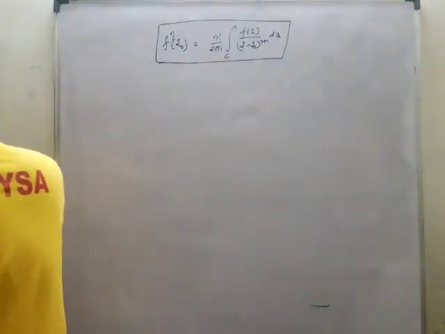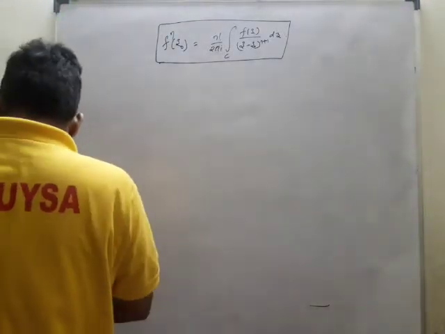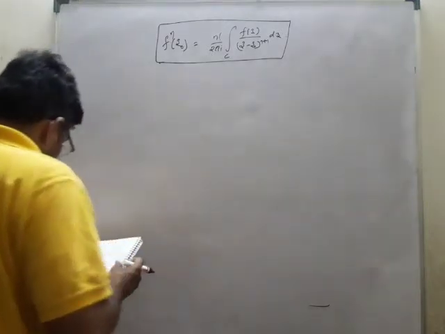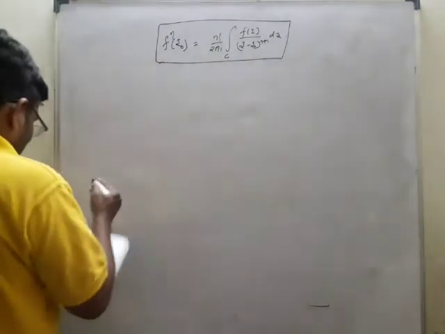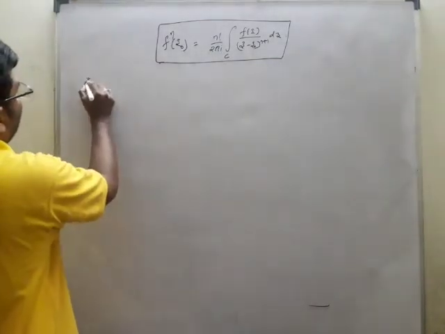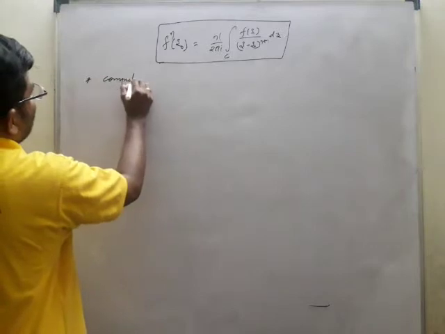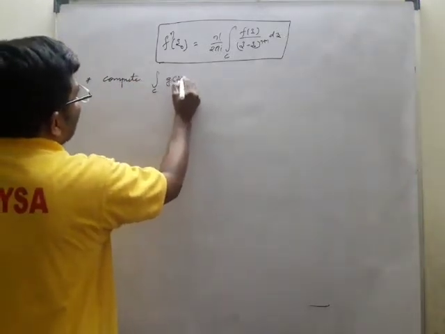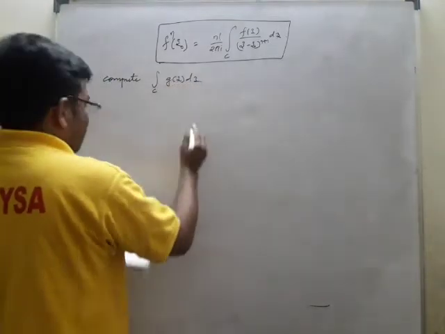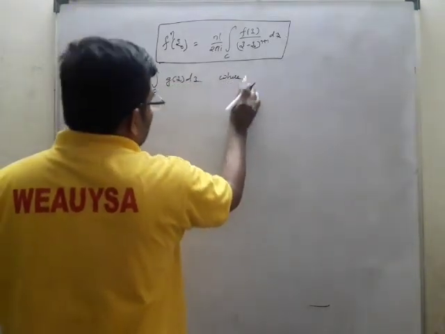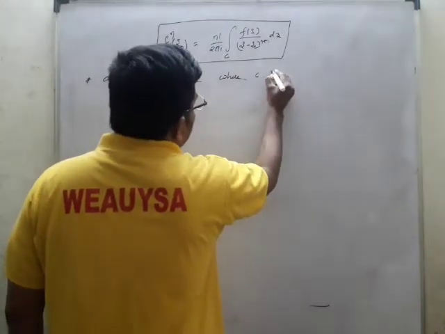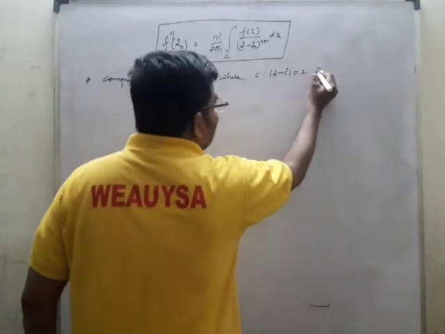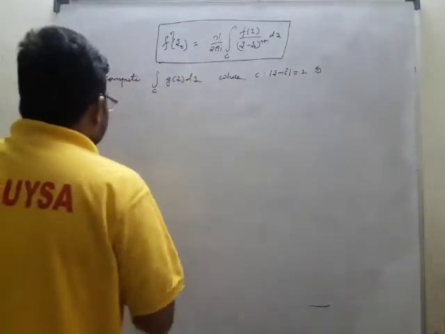The other example is in the form of like this. We'll write one problem. Compute integral c g of z dz, where c is the circle mod z minus i is equal to 2, in the anti-clockwise direction.